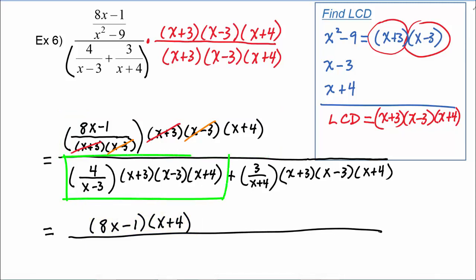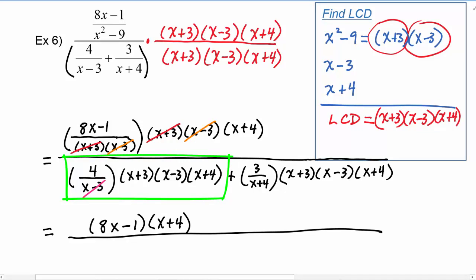In the denominator, we have x minus 3 will cancel with x minus 3, and we'll have to multiply 4 times x plus 3 times x plus 4. Then we have plus.